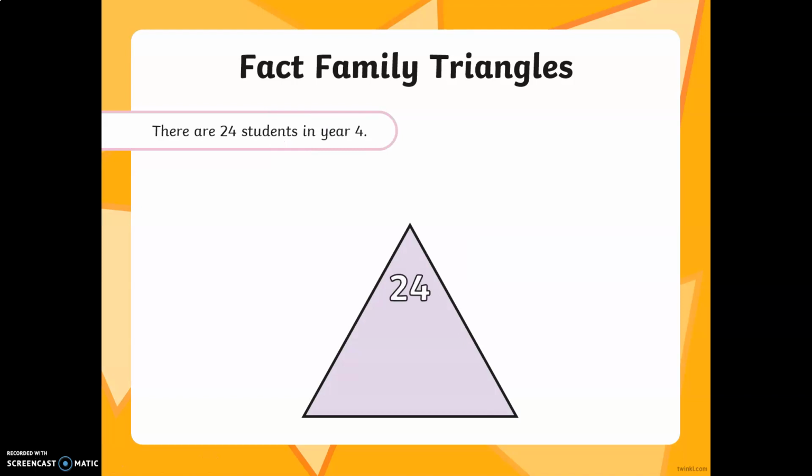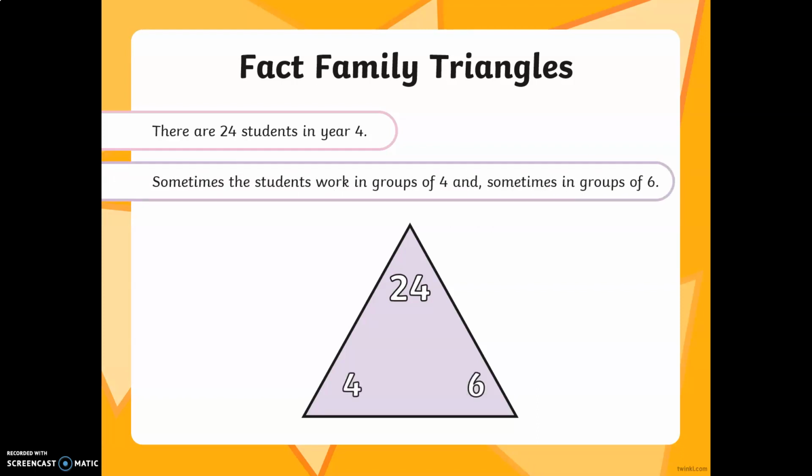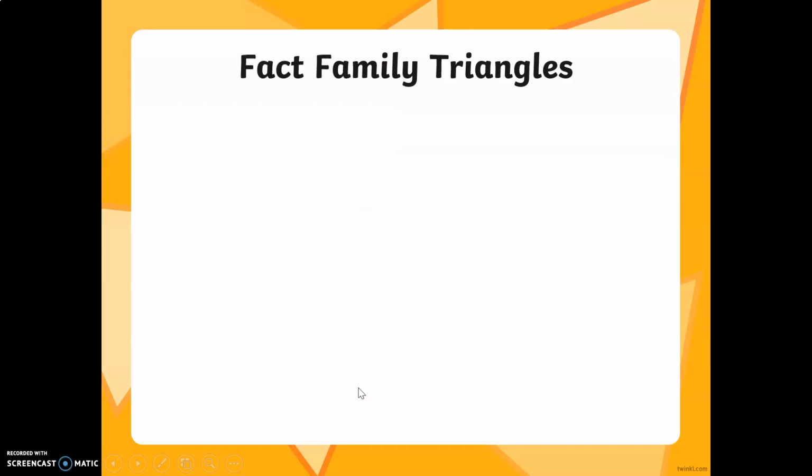So in this example, we have 24 students in Year 4. And it says sometimes the students work in groups of 4 and sometimes in groups of 6. So we know that these numbers can be the opposite or inverse of each other.